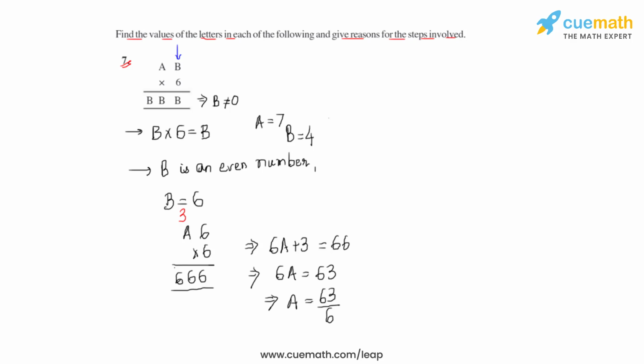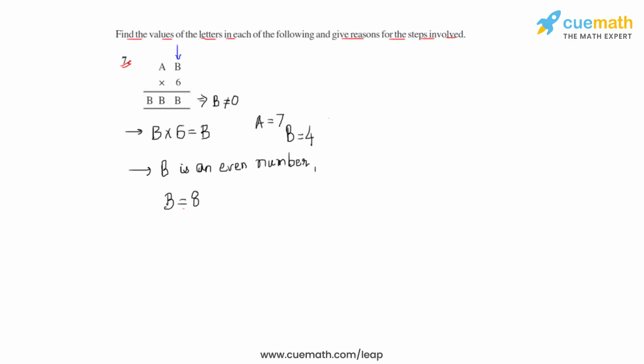Let us now see the last even number, which is 8. If we consider the value of B to be 8 and replace the letter B by 8 and perform this product, we have 888 as the answer. We also know that when 8 is multiplied by 6, the carry is 4.